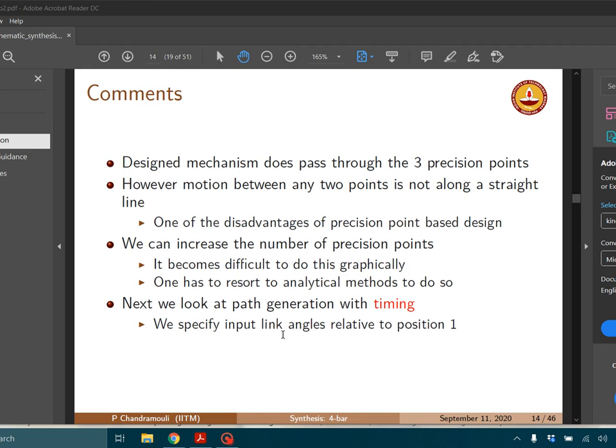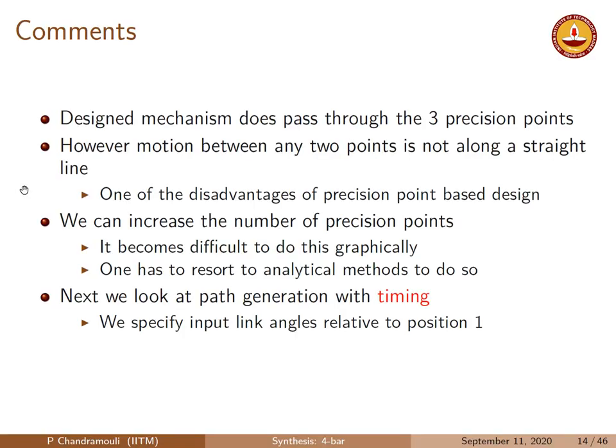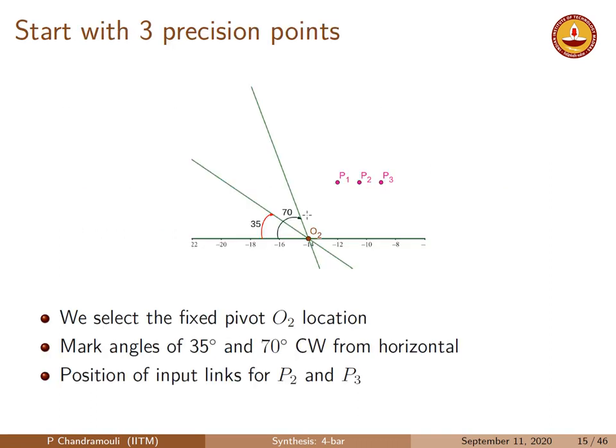Now we look at something called path generation with timing. So we will see what we mean by that. We are going to start with three precision points as before.